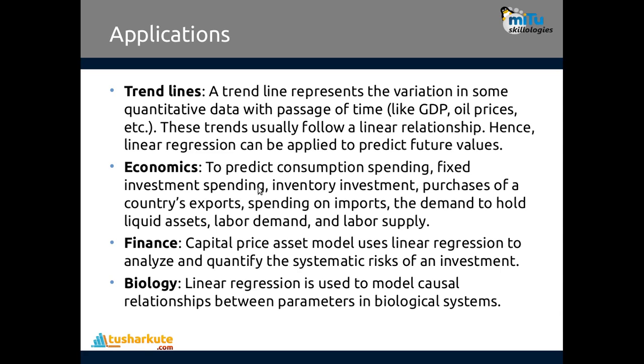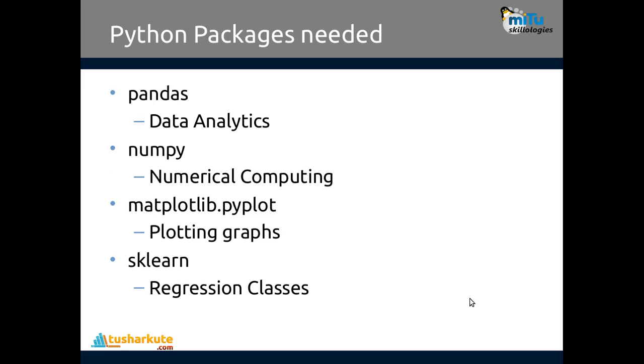What are the applications of it? Some applications are trend lines, when GDP or oil prices change with time. In economics and finance, we can use this to find the risk of investment. In biology, relationships between multiple biological parameters can be created with the help of linear regression.